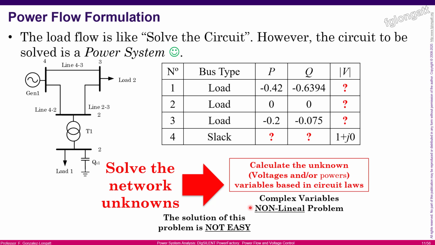You must remember P and Q, they are the real and imaginary component of the complex power S, and also you are using phasors to represent the voltages. That means they are magnitude and angle if you are using polar representation. In summary, you are using complex variables.